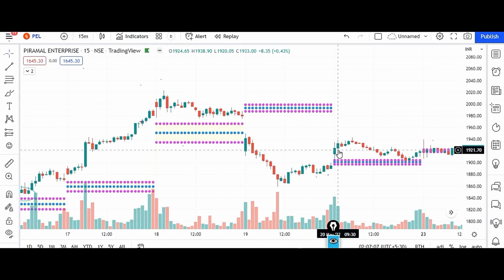Hope you understand the basics of the CPR and how price behaves with respect to the CPR. We have ascending CPR and descending CPR, medium CPR, average CPR, wide CPR, narrow range CPR, and the CPR formulas. Try to memorize these things. These are very important key points for price action in day trading.